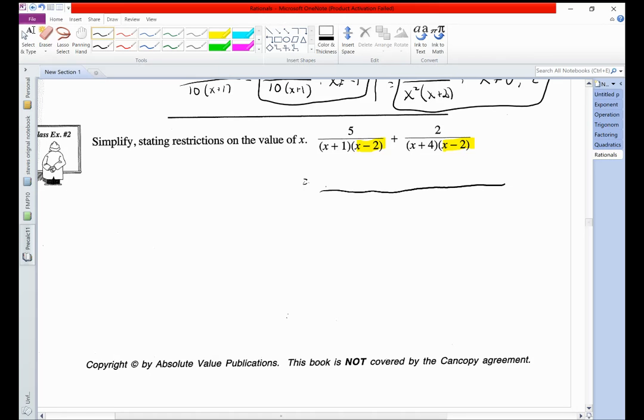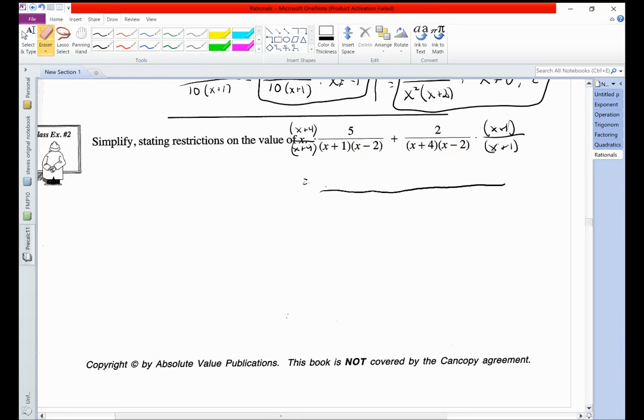So you can see that if I multiply on this side x plus 1 over x plus 1. I apologize, my pen is bleeding a little bit and it's making it a little bit messy. And then if I multiply on this side by x plus 4 over x plus 4, then my denominators are going to be the same.